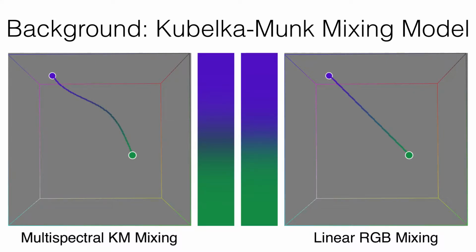When we visualize the continuous mixed RGB colors of two pigments, it is a curve in RGB space. This is different from linear mixing of two pigments' RGB colors using digital linear mixing model, which is just a straight line in RGB space.